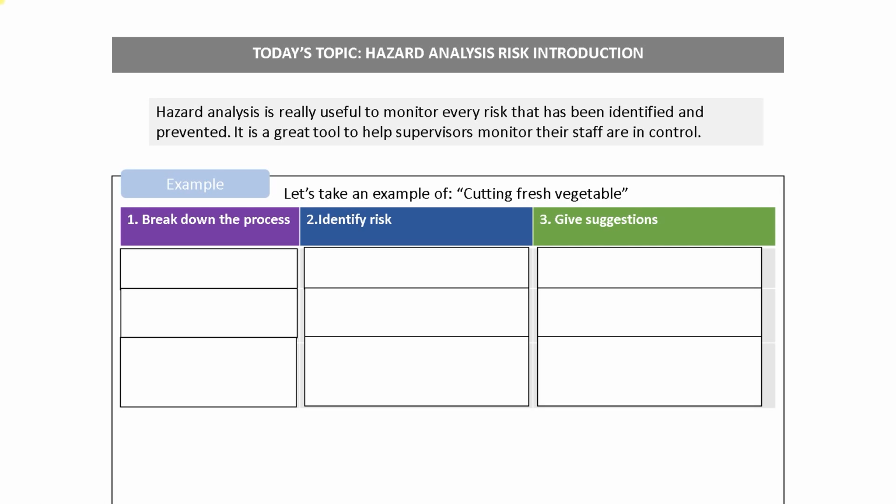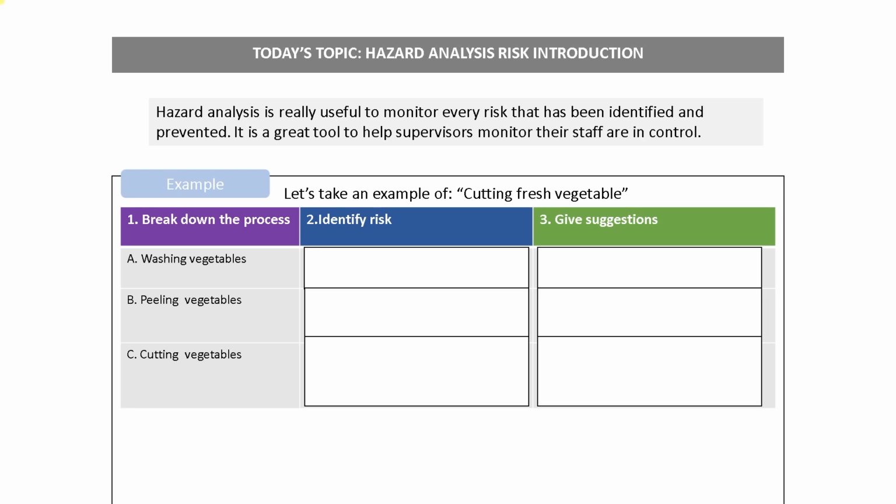So firstly, I have broken down the process into steps. The first step is when cutting the fresh vegetable, you need firstly to wash vegetable, secondly peeling vegetable, and thirdly cutting vegetable.